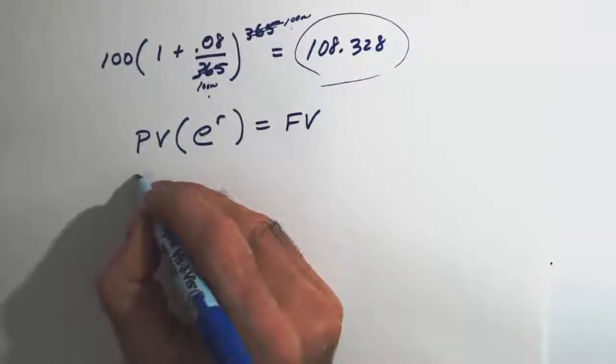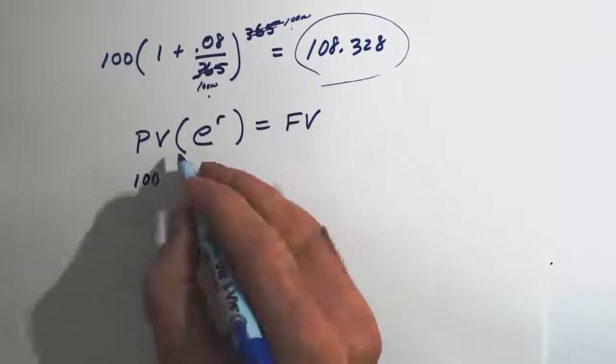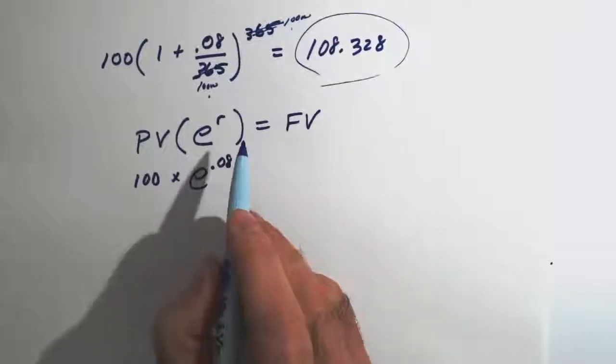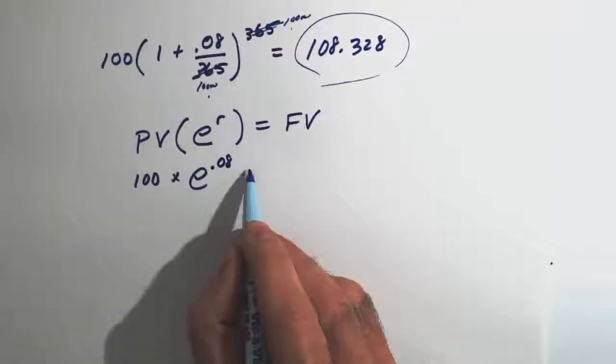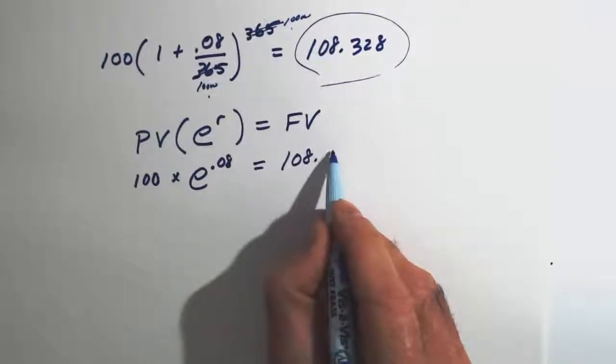So apply it to what I just did. You put $100 in an account. You multiply that by e to the 0.08. Make sure the R is in decimal form.